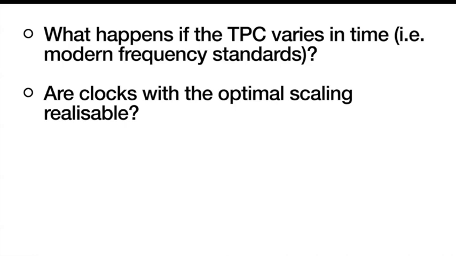Exactly. I showed you the two regimes of the fundamental bound on timekeeping. And the other question is, on the red line, which is the optimal scaling, can we find for each of these points on the line an implementation that actually guarantees this scaling?